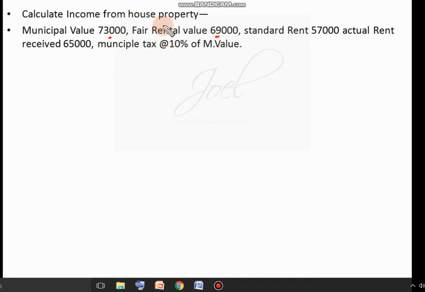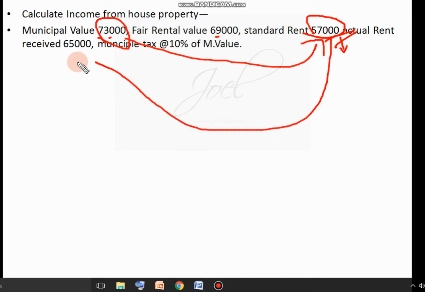When you compare these two, highest amount is 73,000. 73,000 and standard rent we are going to compare. Lowest we have to see here, lowest amount is 57,000. 57,000 and rent received, if you compare, the highest one will be our gross annual value.